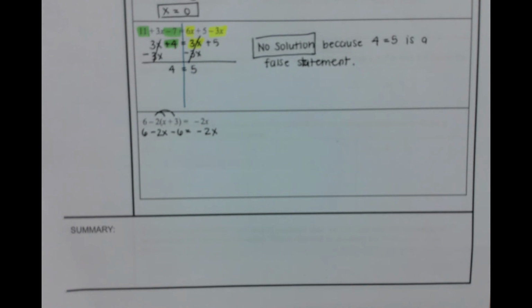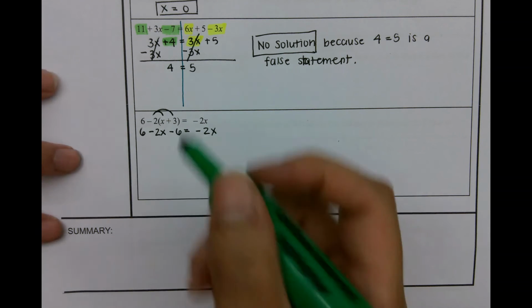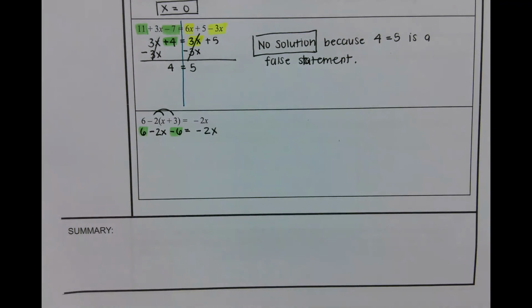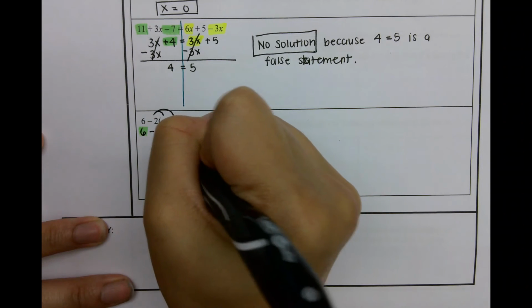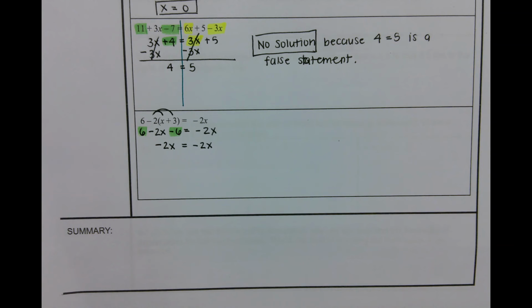Make sure you are multiplying correctly. Then I'm going to combine like terms. The like terms on the left side are 6 and negative 6, and 6 minus 6 is 0. So all I'm left with on the left side is negative 2x, and all I have on the right side is negative 2x.